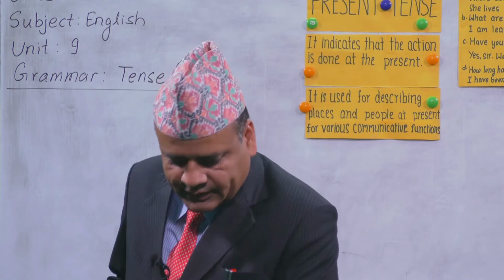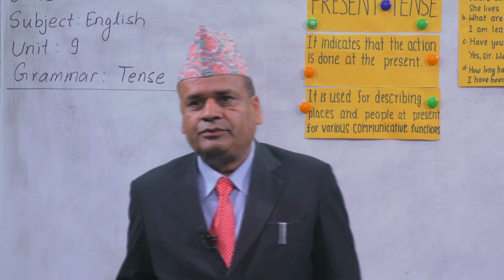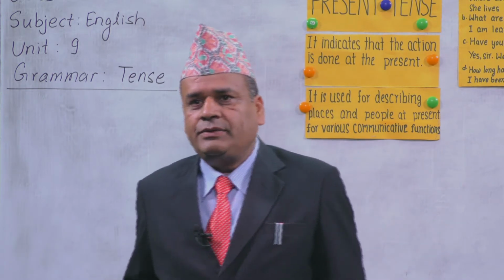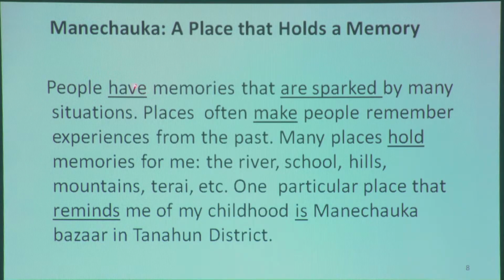All right. So, here is one, you say that place that holds a memory, Manechauka. Let's read this. Okay, in your book, this passage you can read, and you have to find the present form of the verb in the passage. Let's read.